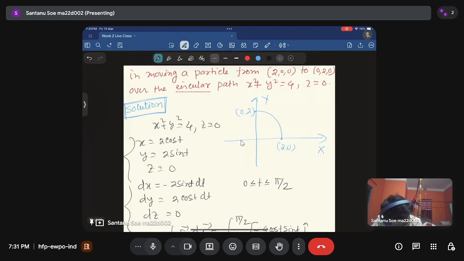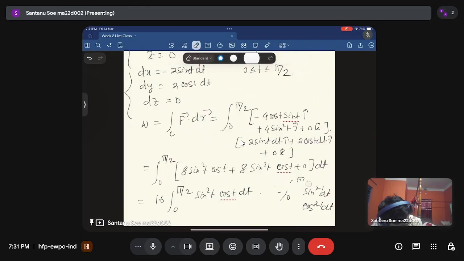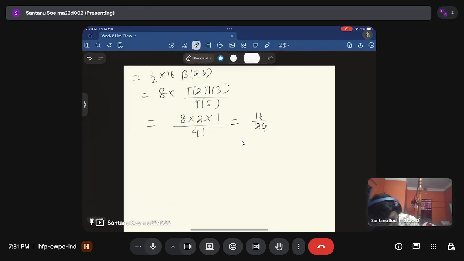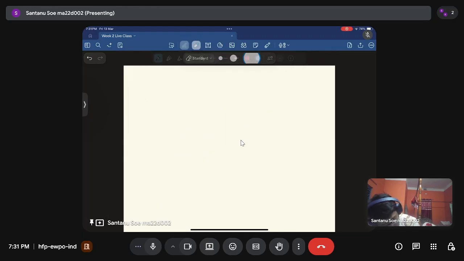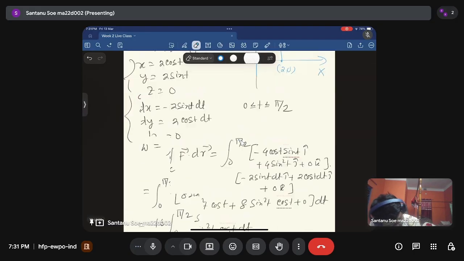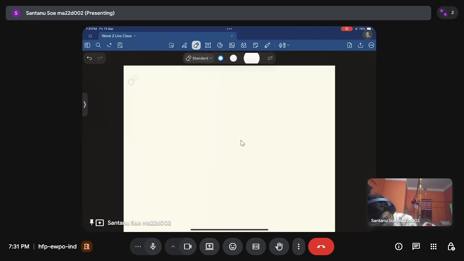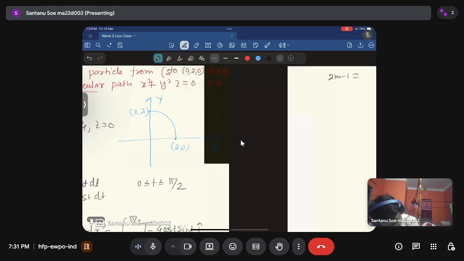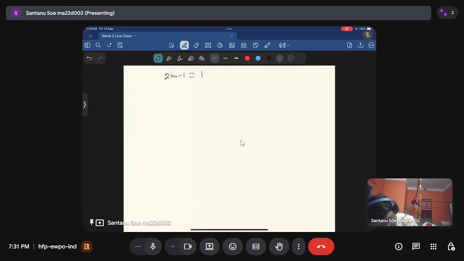Okay, so this is going to be 2m minus 1, which will be 1, and 2n minus 1 will be 2. So m will be 1 and n will be 3 by 2.